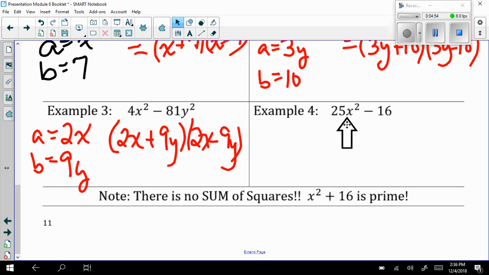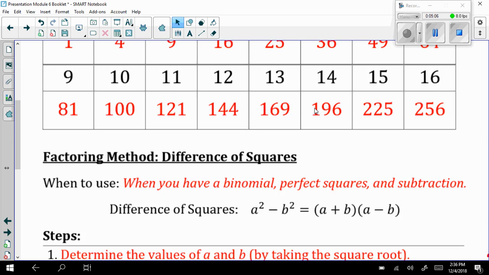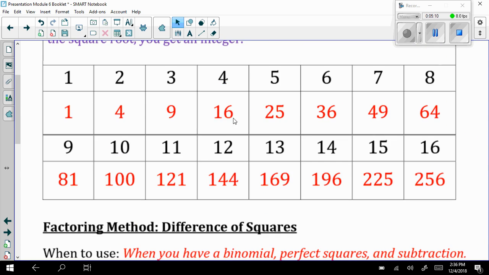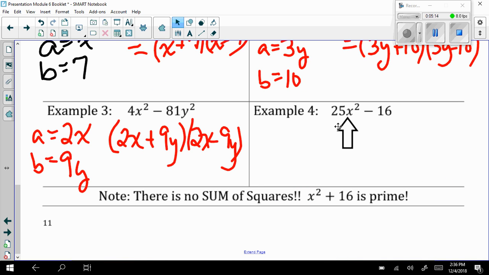Last one, 25x squared minus 16. So again, two terms, subtraction, both perfect squares. You look at my list, square root of 25 is 5, square root of 16 is 4. All right, so to find my a, I do the square root of that.